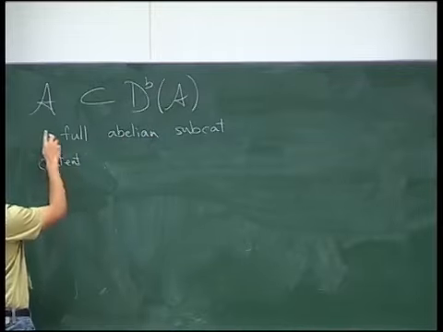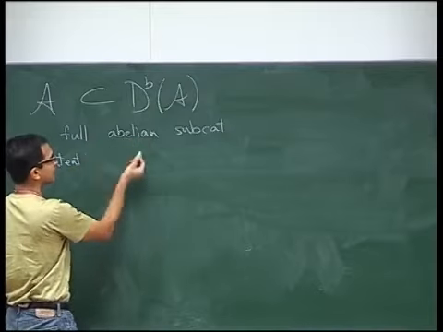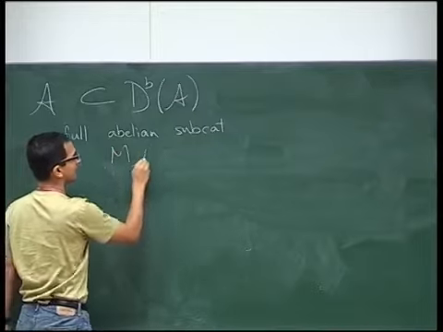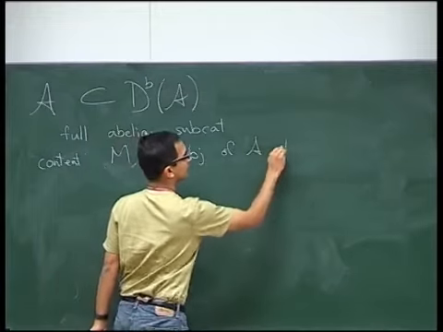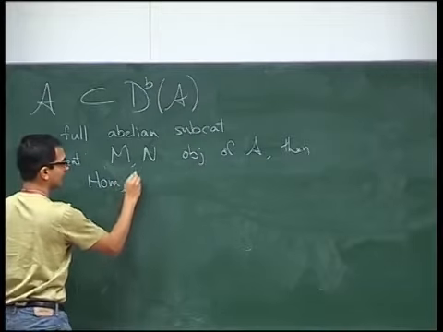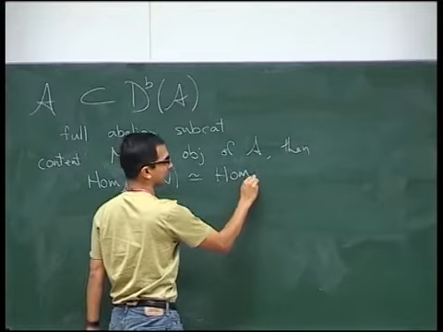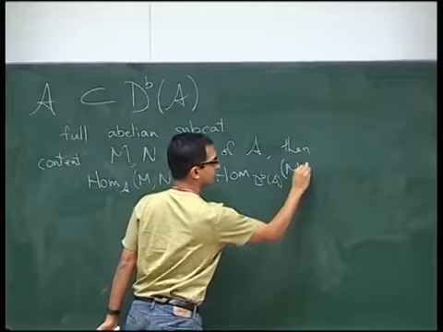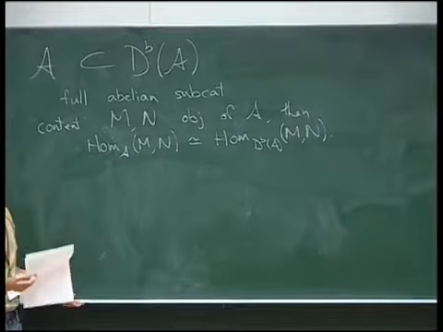And the content of saying that A is a full abelian subcategory of its own derived category is that if M and N are objects of A, then the Hom between them in the abelian category is the same as the Hom between them in the derived category. So that's something that requires a little bit of thinking, not too much.